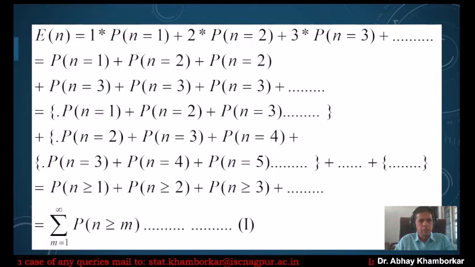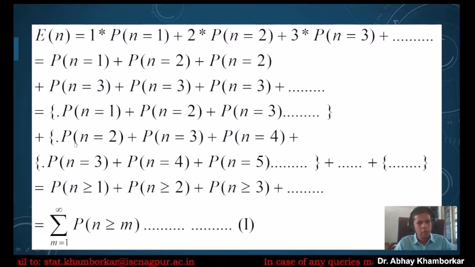In other words, that is nothing but probability that n equal to 1 plus probability that n equal to 2 plus probability that n equal to 2, then plus, since this function is repeated 3 times, therefore probability that n equal to 3 plus probability that n equal to 3 plus probability that n equal to 3 plus so on, and therefore we can collect the terms of n equal to 1, n equal to 2 and n equal to 3 in the first bracket, and therefore in the first bracket we have probability that n equal to 1 plus probability that n equal to 2 plus probability that n equal to 3.